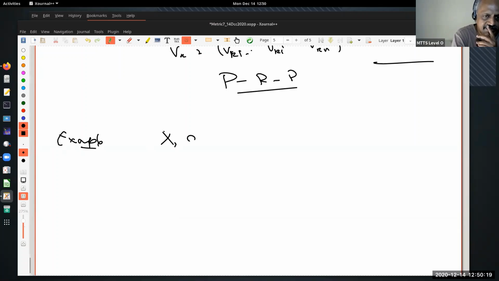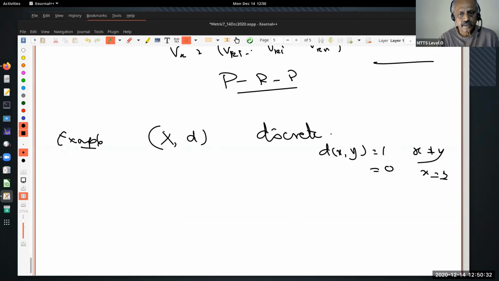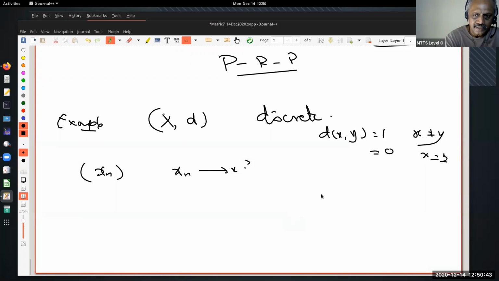Suppose my (X, d) is a discrete metric. Do you remember that? Now suppose I have a sequence x_n and assume x_n converges to x. What does it really mean? Now you should immediately see that, right?